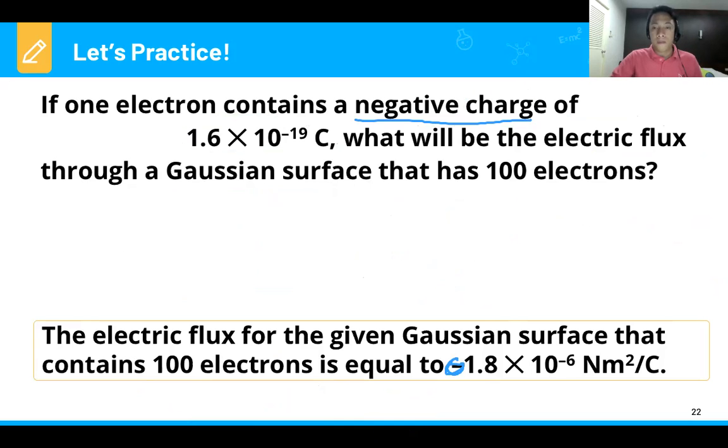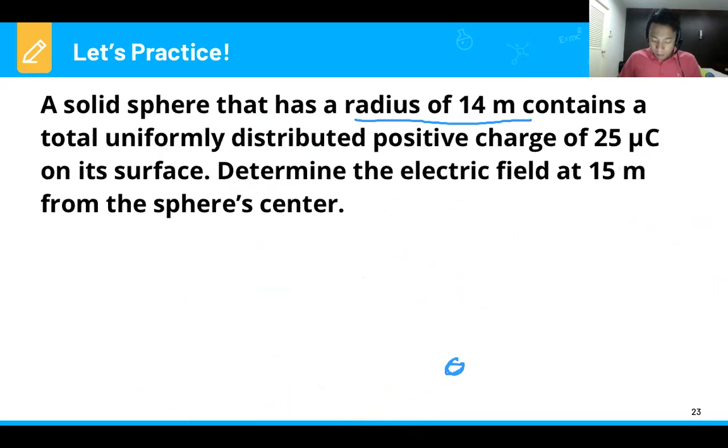Another example. What if the example is just like this? A solid sphere, ayan, meron tayong imaginary sphere that has a radius of 14 meters and contains a total uniformly distributed positive charge of 25 microcoulombs on its surface. Determine the electric field at 15 meters from the sphere's center.